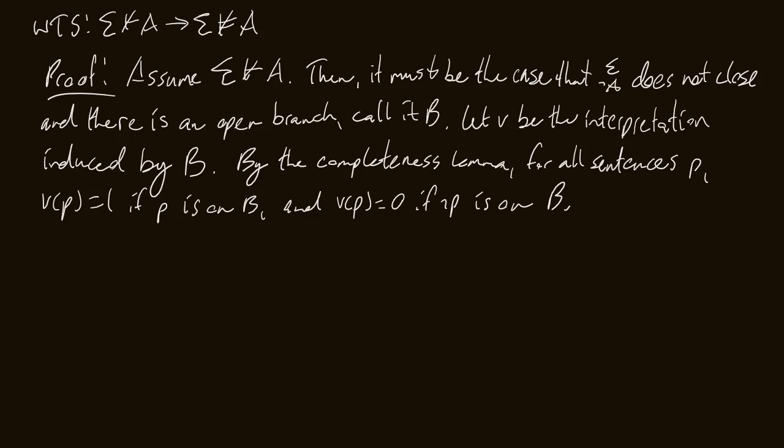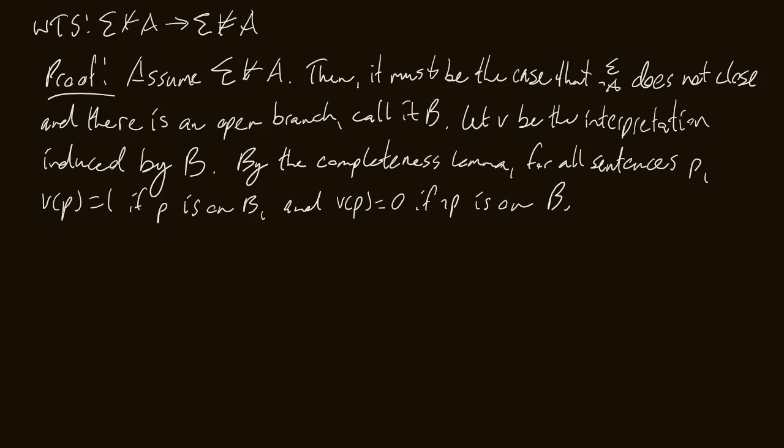Now, on our open branch B, our premises sigma are on B, which means the valuation of those premises will equal 1, meaning they're true. And remember, not A is on this branch B, meaning the valuation of A is 0. If you recall from last video, sigma semantically entails A if and only if there is no valuation V such that V of sigma equals 1 and V of A equals 0.